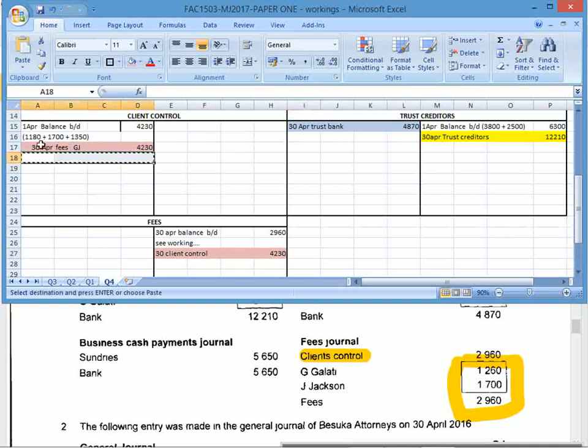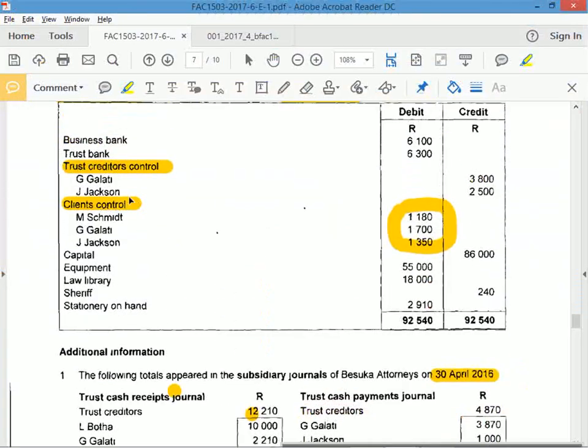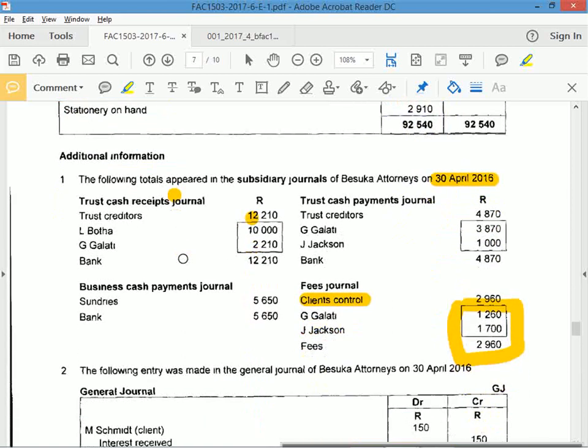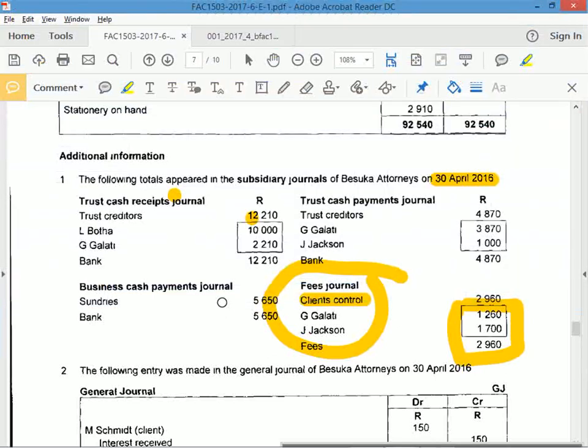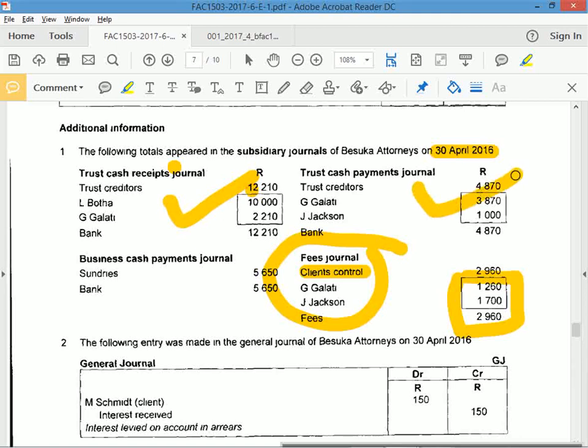That shouldn't have been there. Okay, it's for the opening balance. I was reading this up here, which wasn't right because we were supposed to look at the fees journal. Okay, the fees journal has 2,960. That's fine. Right, so we've recorded that, we've recorded that, we've recorded that.